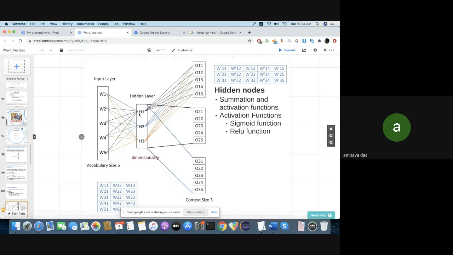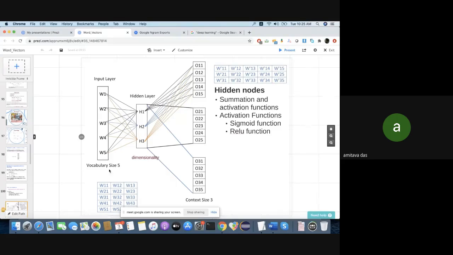If we say the connection between W1 and H1 is W11, the connection between W1 and H2 is W12, and the connection between W1 and H3 is W13. Similarly, the connection between W2 and H1 is W21, then W2 to H2 is W22, and similarly W2 to H3 is W23.